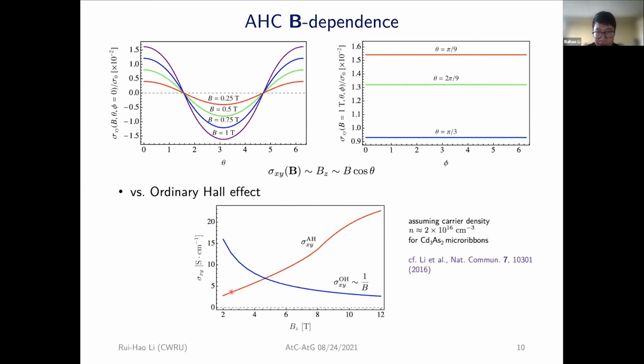You can see at relatively low fields, it shows a linear B dependence, up until about 8 Teslas. After that, because of higher order corrections, it starts to deviate. Whereas for the ordinary Hall effect, the B dependence is 1 over B. So you should expect that at high fields, the anomalous Hall contribution would dominate over the ordinary Hall effect.